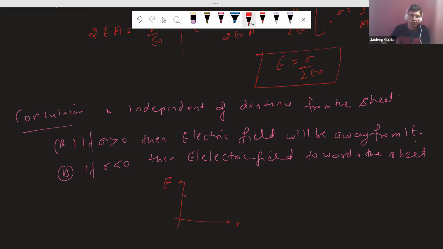Hyperbola? No, it would be like this because the electric field remains constant. It doesn't depend on R. It depends on surface charge density and the medium. All right, permittivity of the medium. Fine. So if we plot the graph of electric field for a uniformly charged sheet, then it would be a constant, parallel to the x-axis or parallel to the distance axis. All right, Iram?